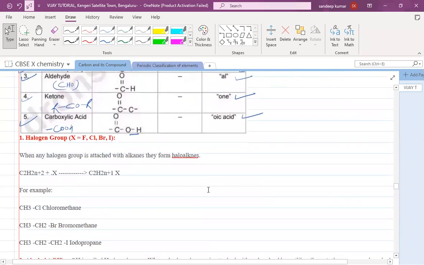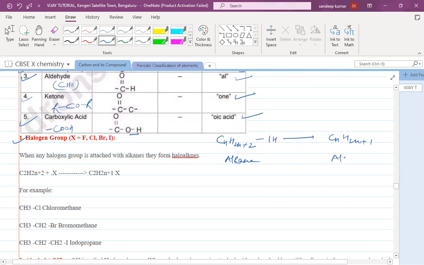Now first try to understand the alkane. Alkane is CnH2n+2. When an alkane loses one hydrogen, it becomes CnH2n+1.